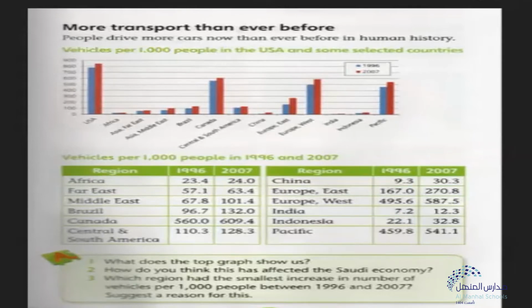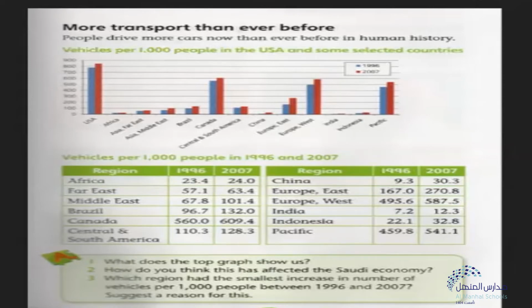Let's look at the first graph there. The first bar graph, in the USA. You can see 750 people per thousand were driving in the USA. Now there are more than 800 people per thousand driving cars in the USA. Here's an example of how many people are driving. Remember, it's a bar graph.